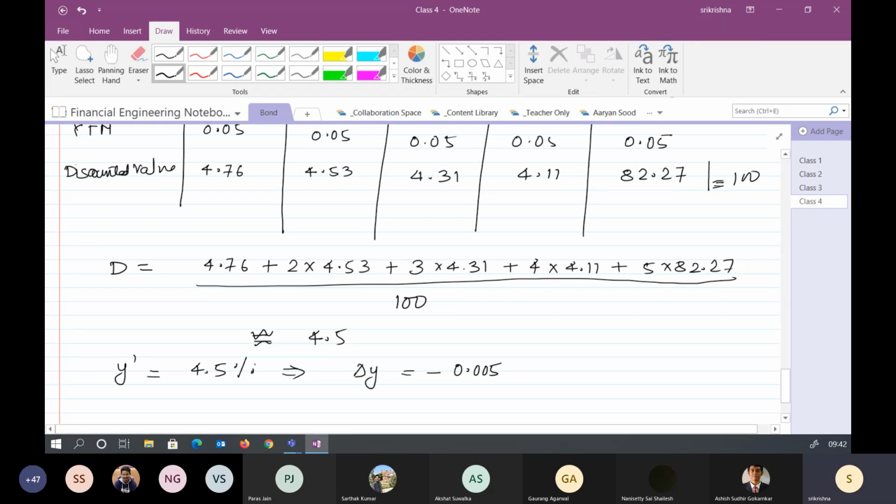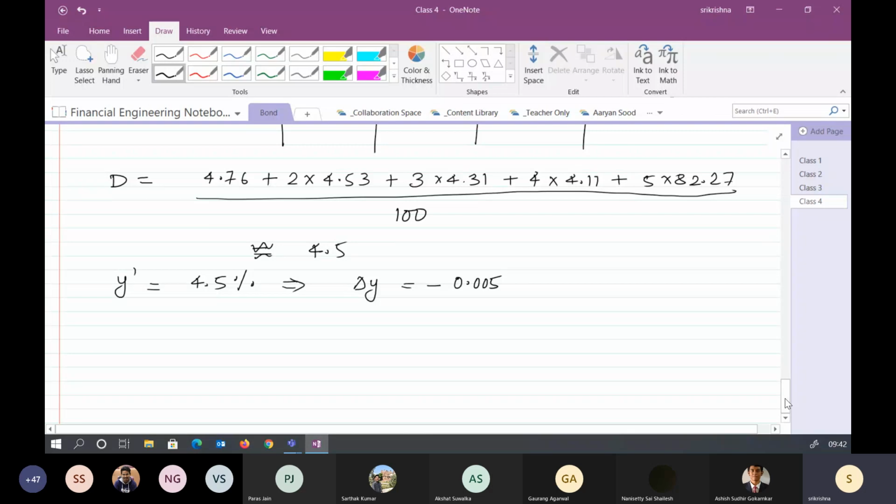Yes or no? Yes, sir. Correct. So what was the expression? Can you look above and tell me? Multiplied by minus D upon 1 plus y. So delta P would be how much?